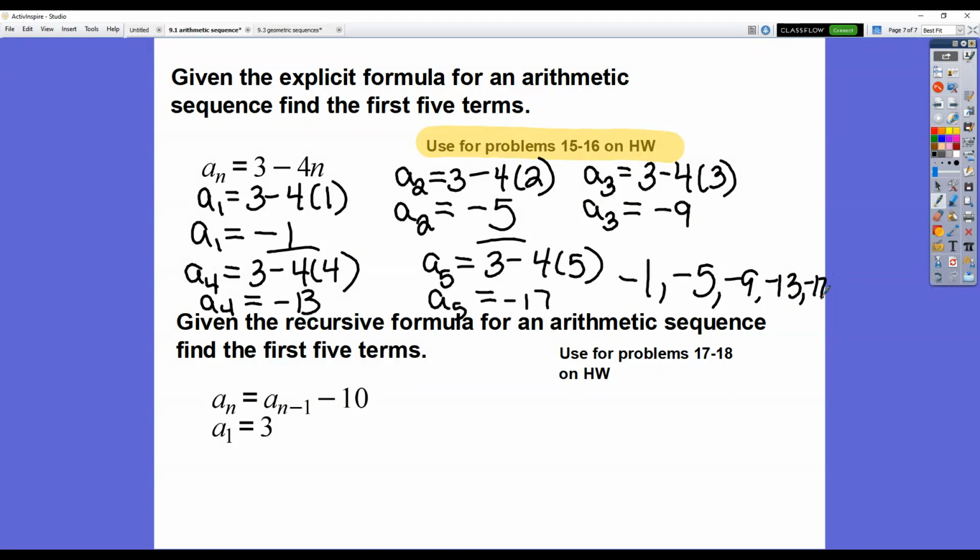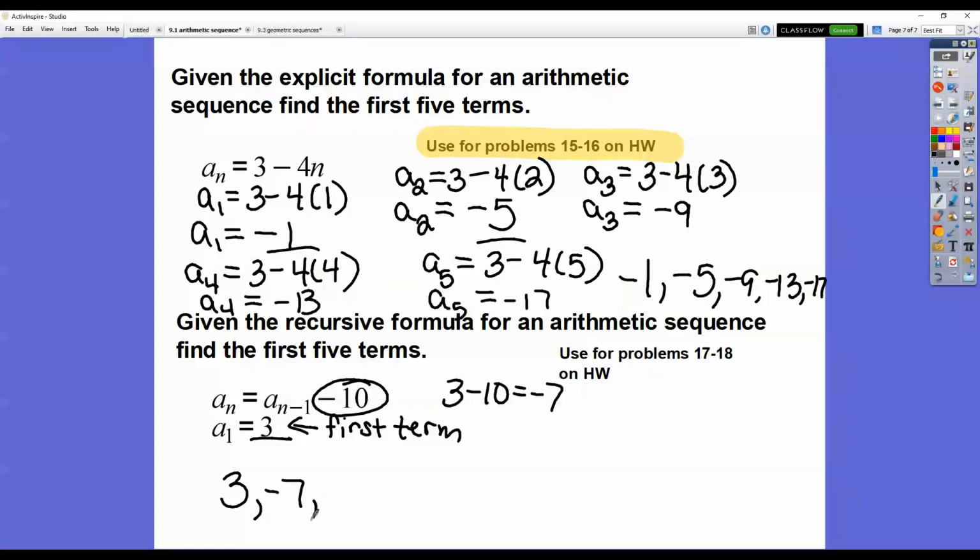The next one is so much easier when you're given the recursive formula and asked to find the first 5 terms, because they give you the first term. This is the first term. Make sure you write down 3. From there, subtract 10. Okay? So, 3 minus 10 equals -7. Minus 10 would be -17.